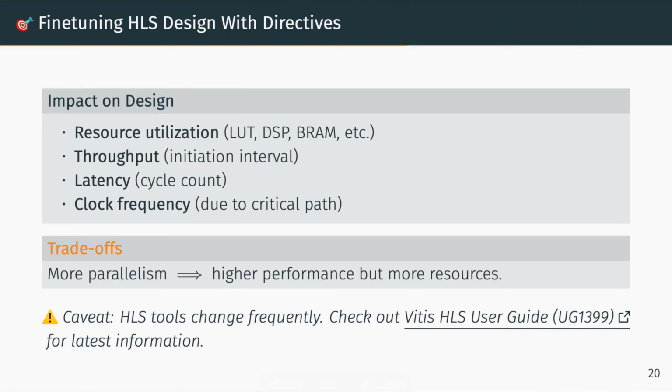So they all change. And there are fundamental trade-offs: more parallelism gives higher performance, but needs more resources. So for FPGAs, if you have the resources, then you can certainly do the parallel thing.